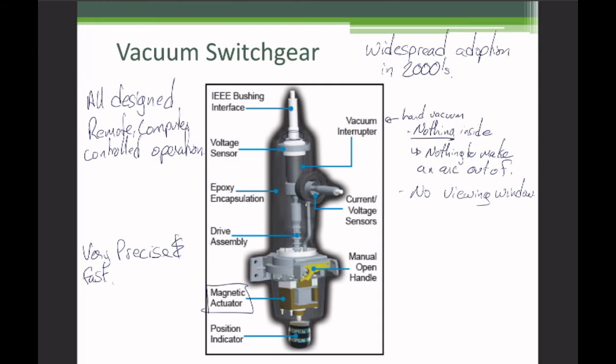So we mentioned we don't have a visual indicator on the tank itself. Instead, what we have is tied through the drive assembly, through the magnetic actuator, there's going to be a position indicator on the bottom, right? But that is a position indicator that assumes this entire thing is intact.